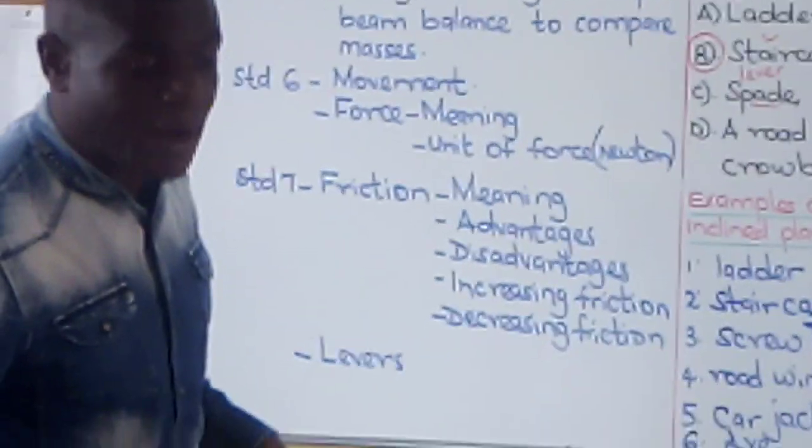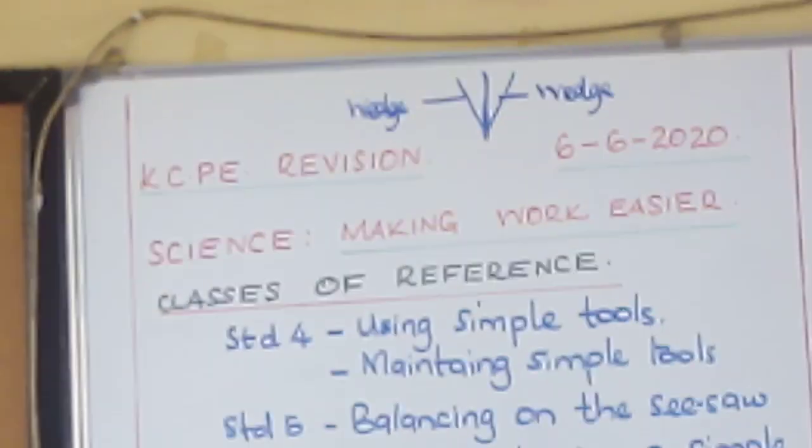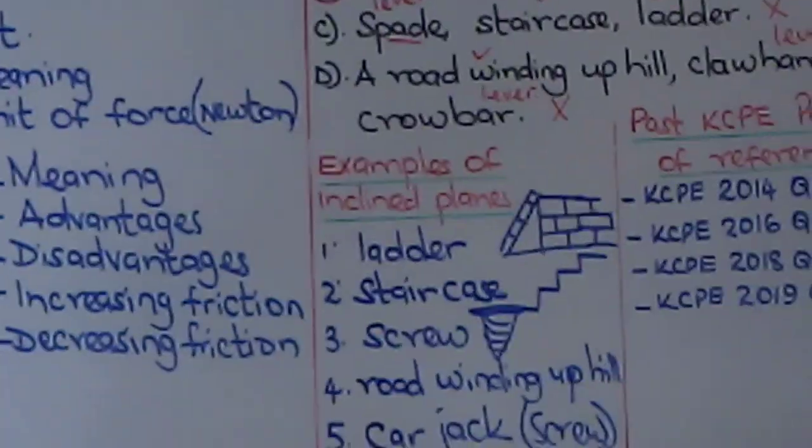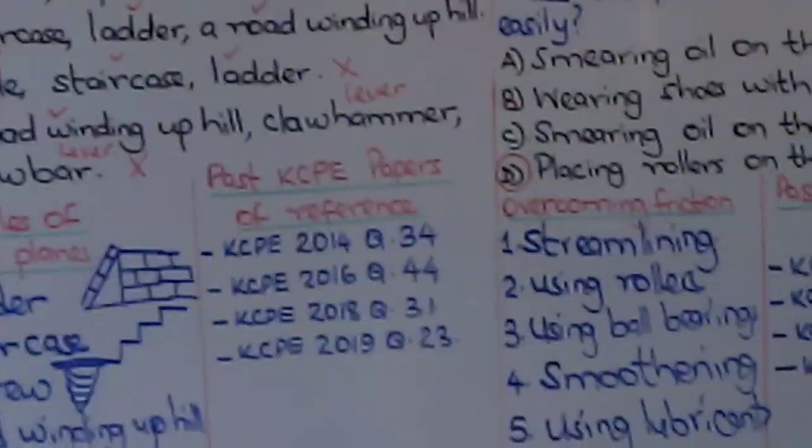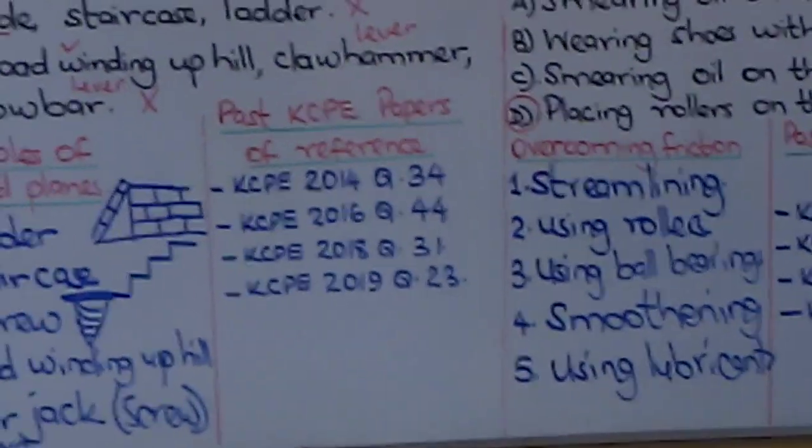Now, there are other parts of making work easier I have not touched. I have not seen a question on levers in these particular papers, but there are in the other papers. I'm just about to give you some question papers that have levers on. Question 22 of year 2019 talks about levers.